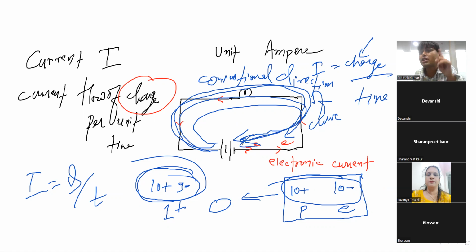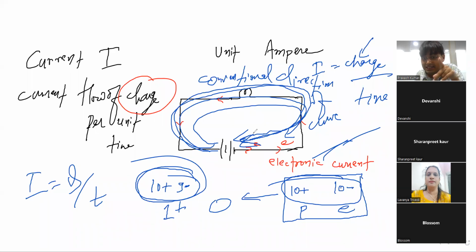But exactly what flows? Electrons flow from negative to positive, and that direction is called electronic current. We consider the conventional direction as positive, but exactly nothing positive is flowing. That's what I'm trying to say.